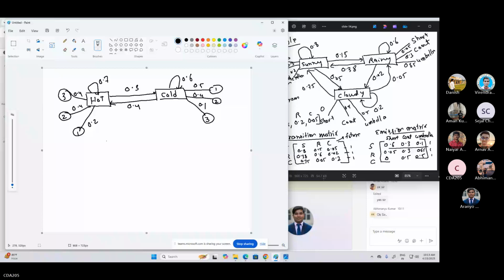Initial probability of hot and cold is 0.8 for hot and 0.2 for cold.